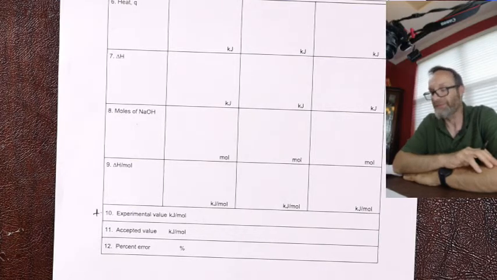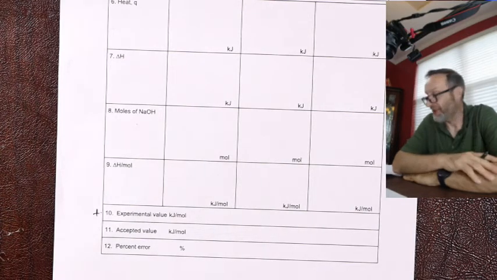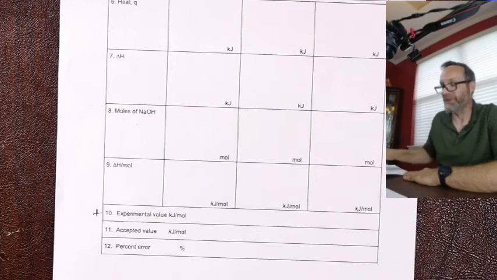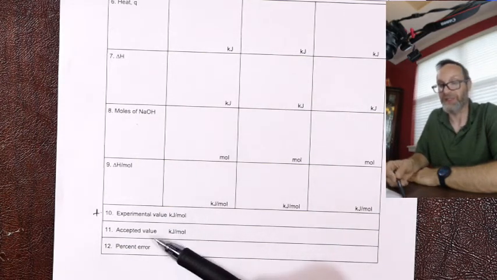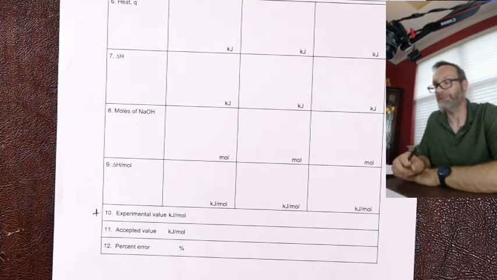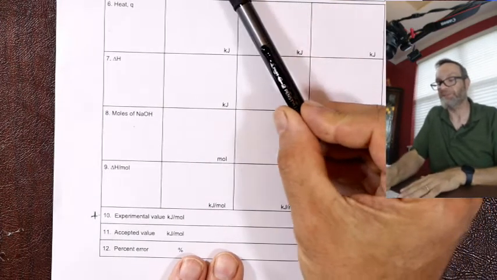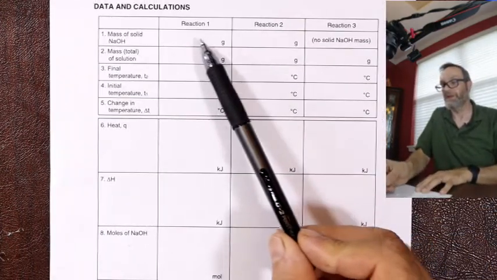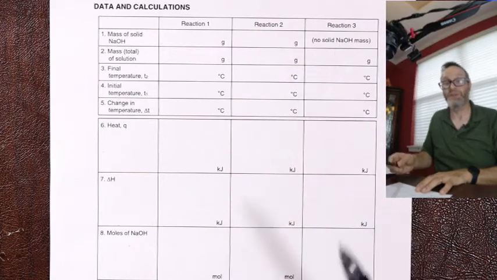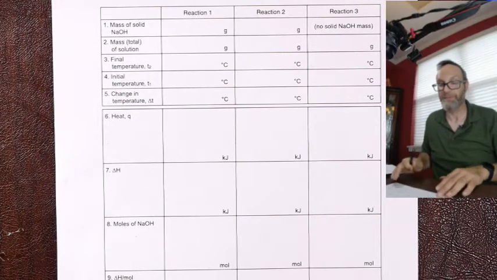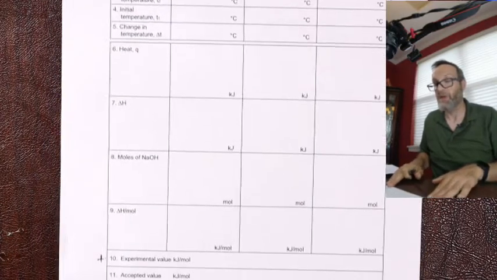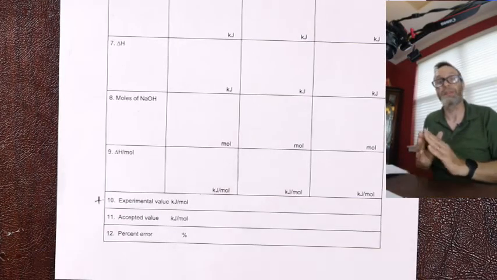But thinking back to when I taught this face to face, I think in the fine print of the lab it was actually stated what to do with regard to referencing an accepted value. So just double check that. So 3 reactions. Make sure you read the fine print. Those are the 3 reactions we saw in the packet there. Work it through, and honestly, not such a bad lab as long as you keep things straight.